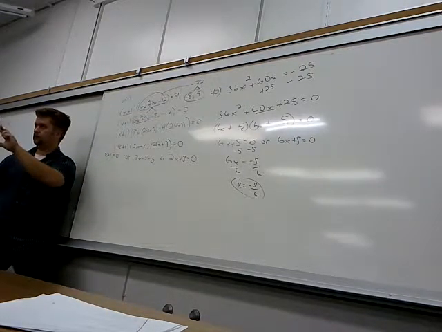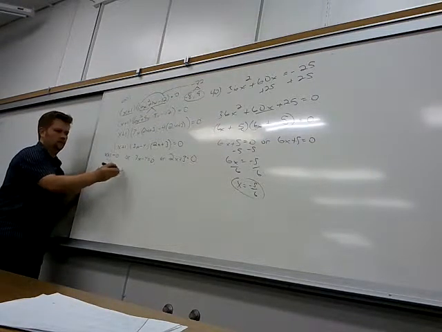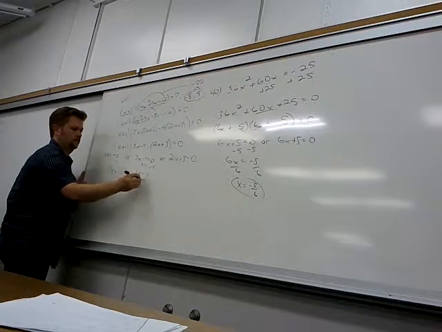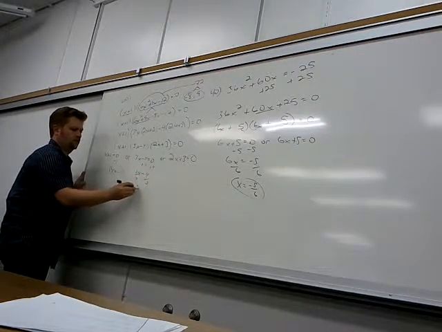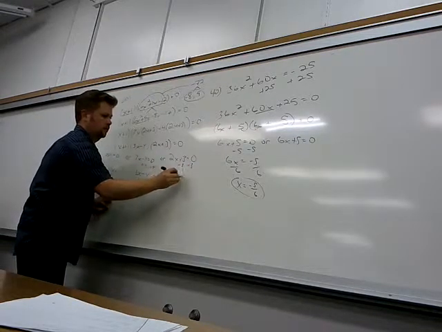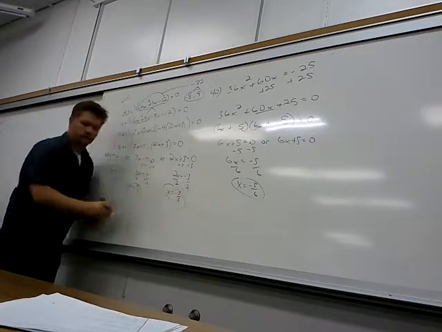Okay, hopefully we're good. So here I'm going to get negative 1. Here, after a little bit of work, I get 4/3. And there, divide by 2, I get negative 3/2. Cool.